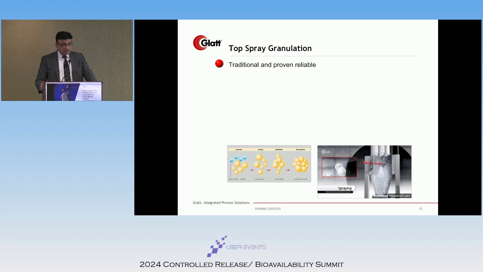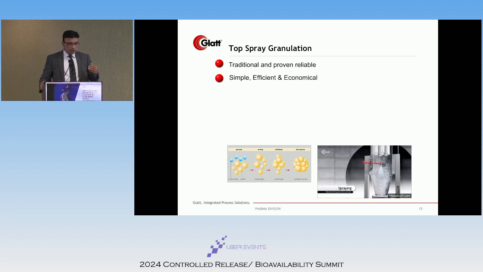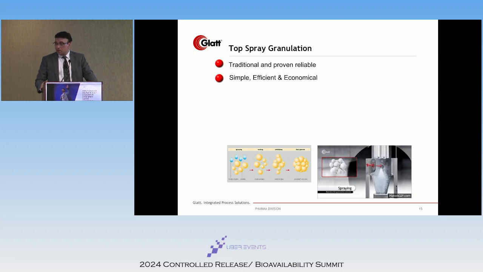As I said, this has been in use for a long, long period of time, very traditional, proven and reliable, a very simple process and economical because you can have a very large amount of batches made in a very short period of time.